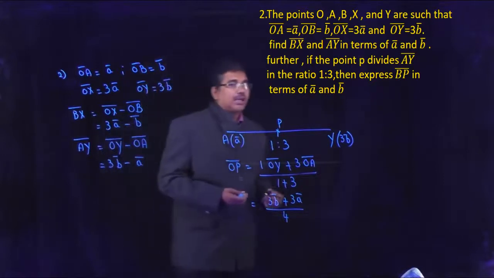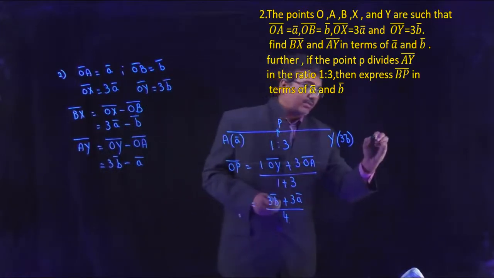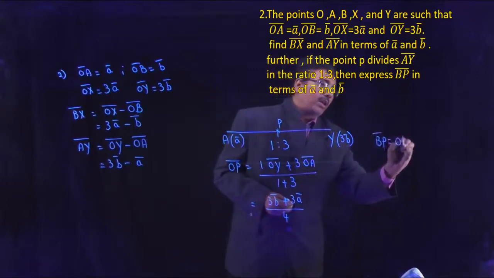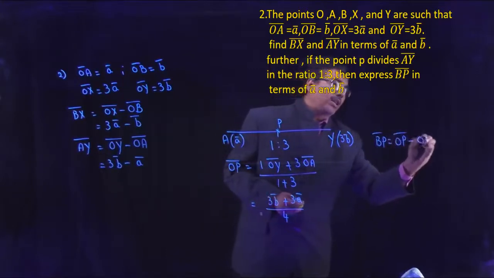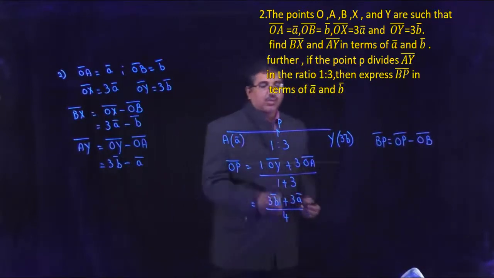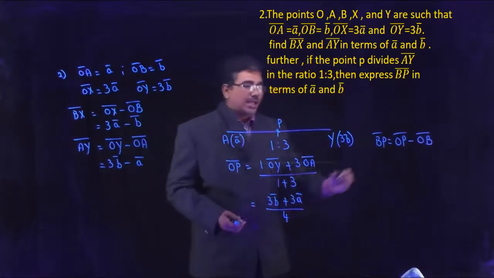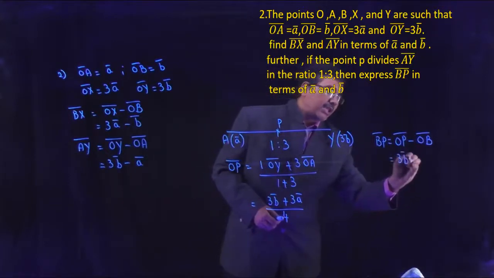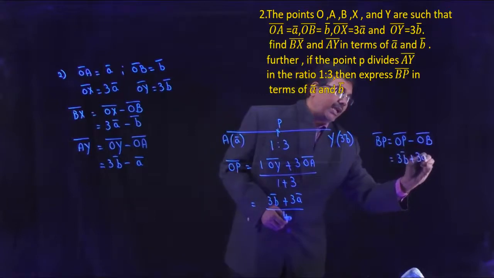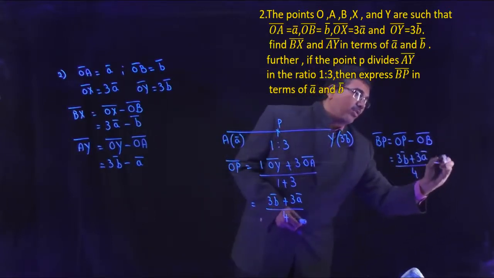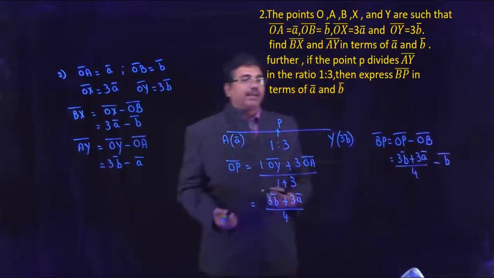Now, BP bar in terms of A bar and B bar. BP bar is equal to OP bar minus OB bar. What is OP bar? That is 3B bar plus 3A bar divided by 4, minus OB bar. OB bar is simply B bar.